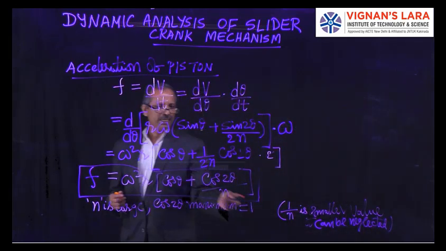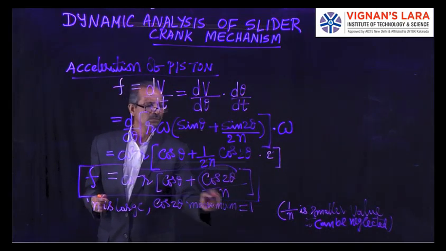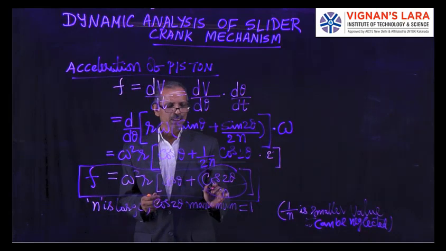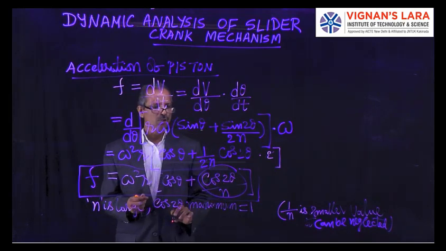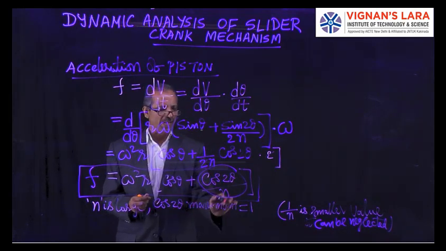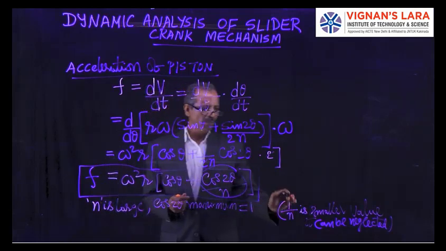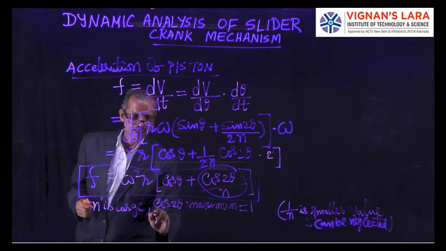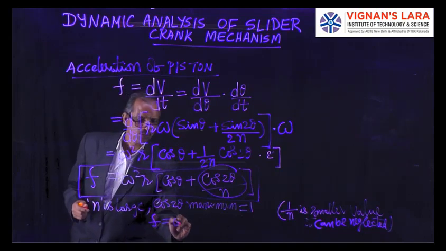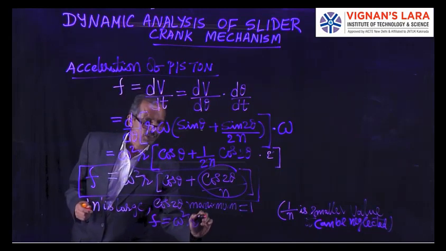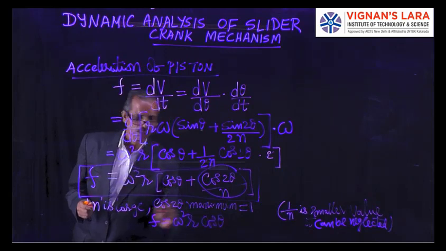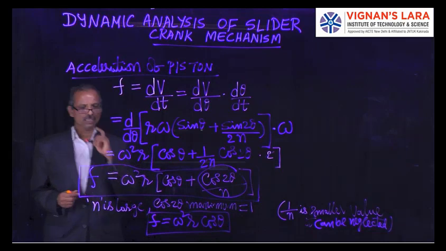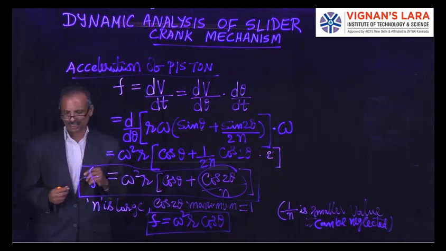If I neglect this value, how am I neglecting it? Assuming n is a larger value and cos 2 theta is maximum 1, so that 1 by n is a smaller value and is neglected, then I can simply write F is equal to omega square r cos theta.